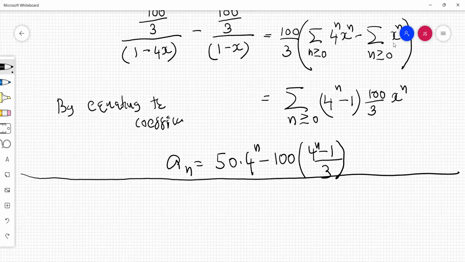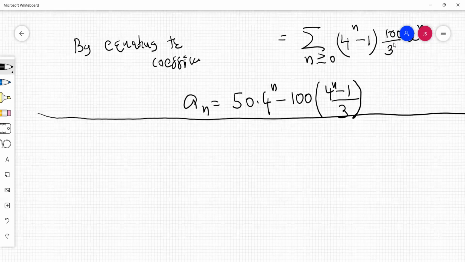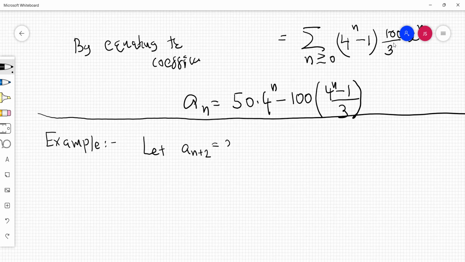Now, can you remember the procedure here? So let's see. Example. Let a n plus 2 equal 3 a n plus 1 minus 2 a n if n greater than or equal to 0. Right?